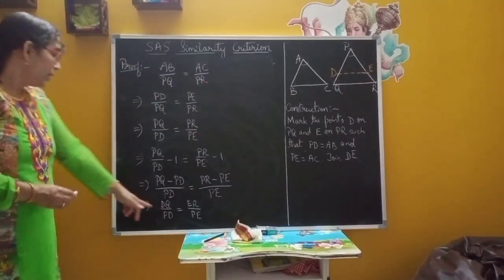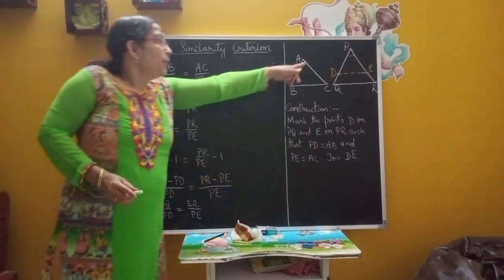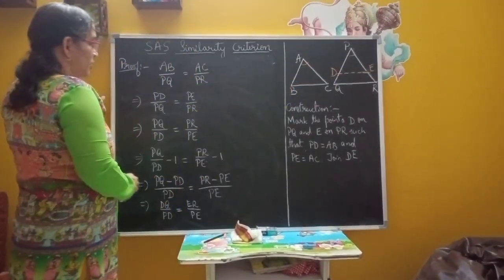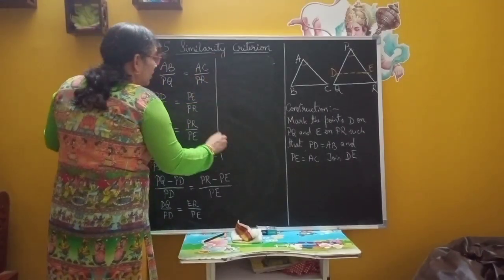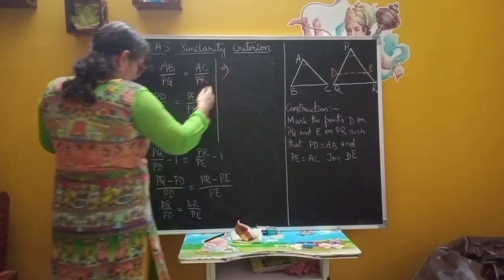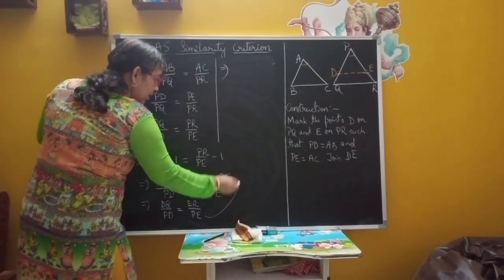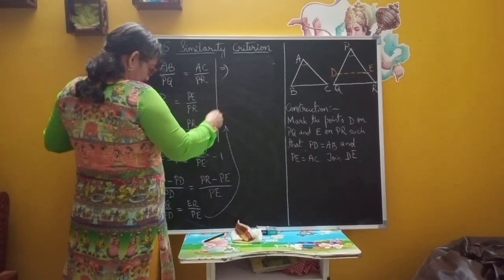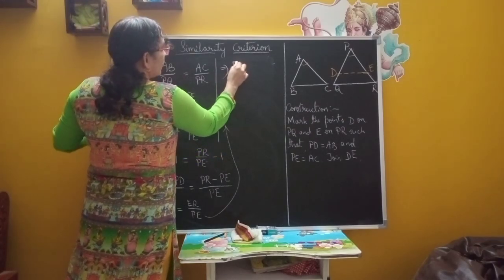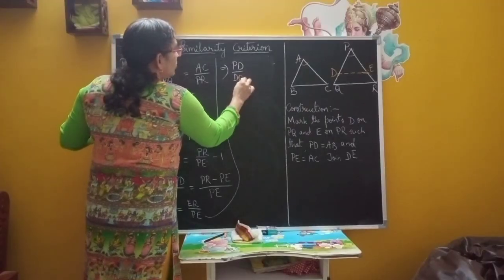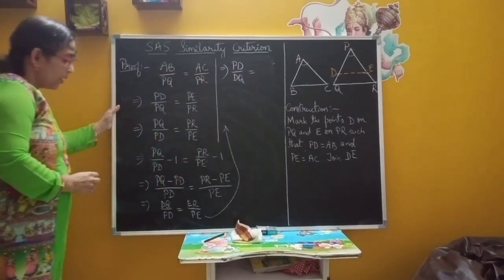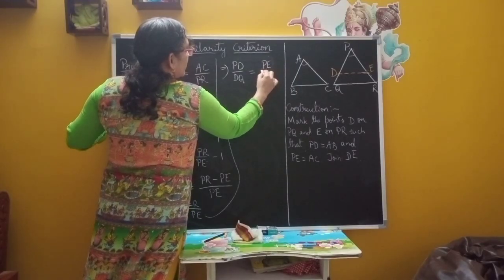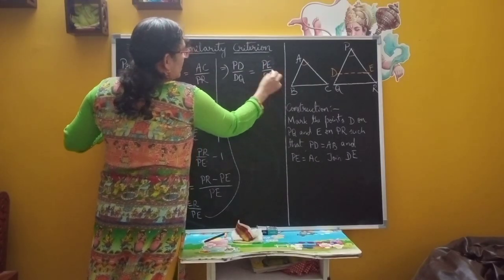Again, you take the reciprocal of this. So by taking the reciprocal, I get PD by DQ is equal to PE by ER.